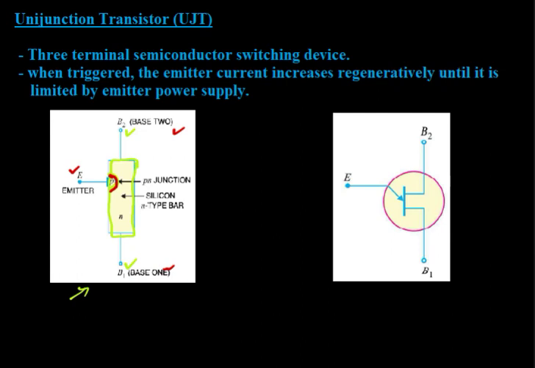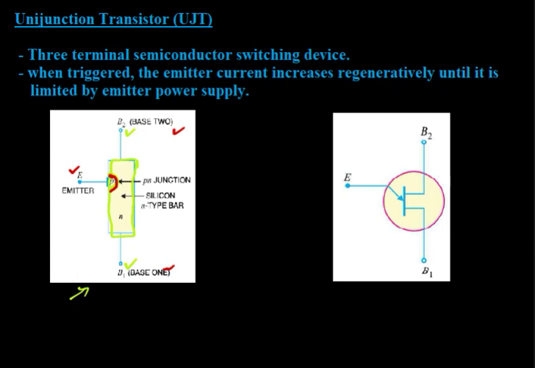Since this device has one PN junction and three leads, it is commonly called a unijunction transistor. Uni means single, so it is a single junction transistor.